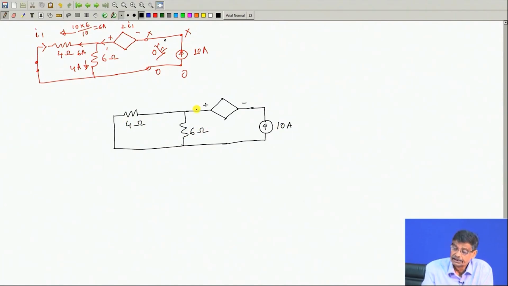Then in this network it was 10 ampere, so it is easy to see that this current will be 6 ampere and this current will be 4 ampere.